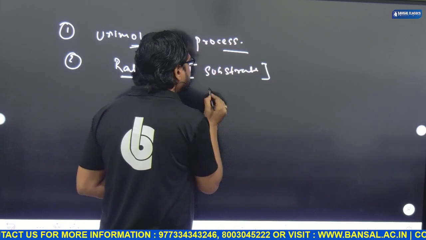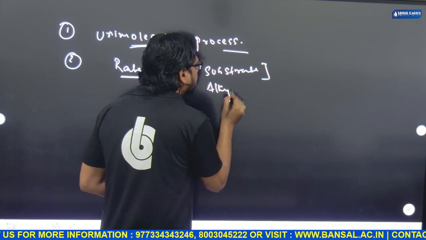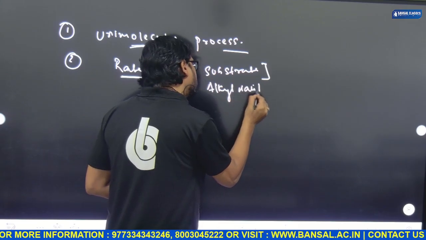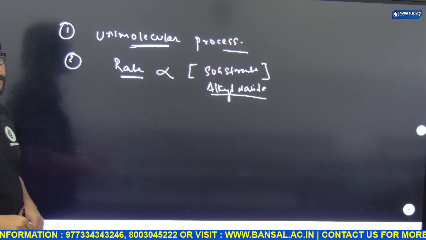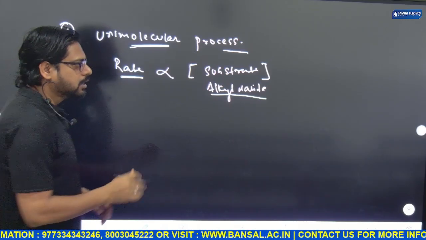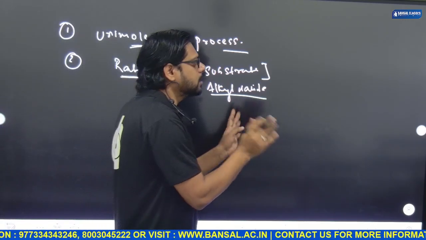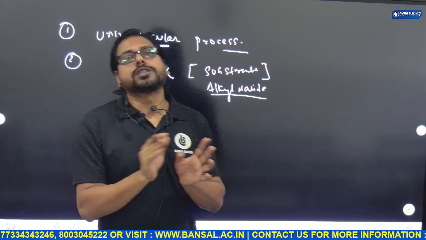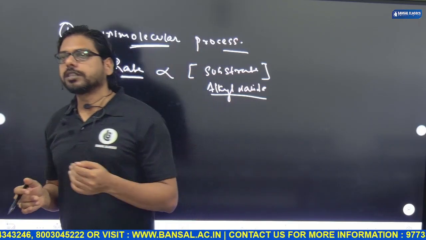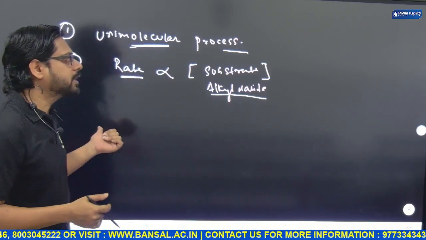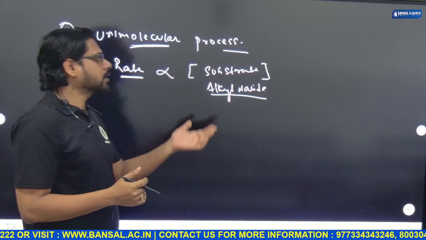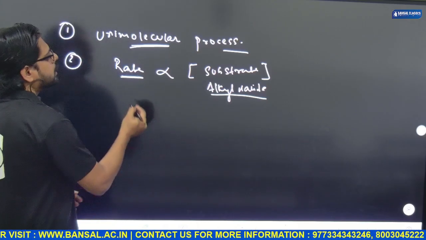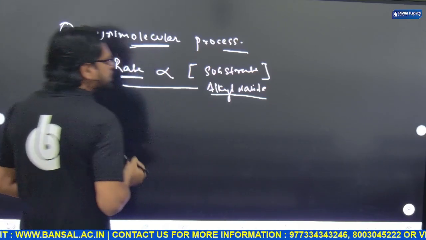Here the substrate is alkyl halide, because it is the one taking part in the chemical reaction at the very first instance, not the nucleophile. The nucleophile is not taking part in the first step, and we know that the first step will be the rate determining step. Why? Because it's a slow step. So rate will be directly proportional to the substrate.